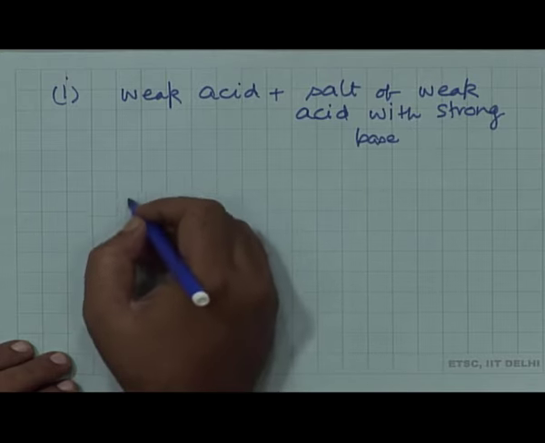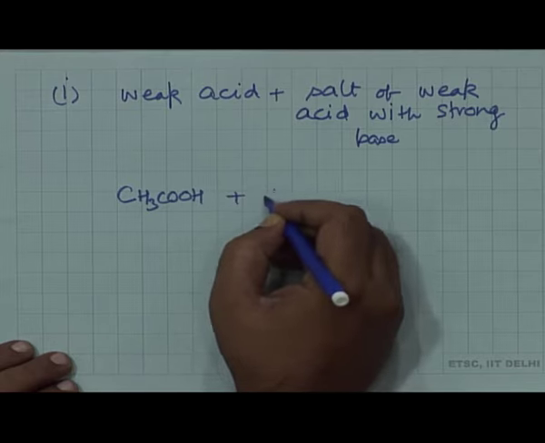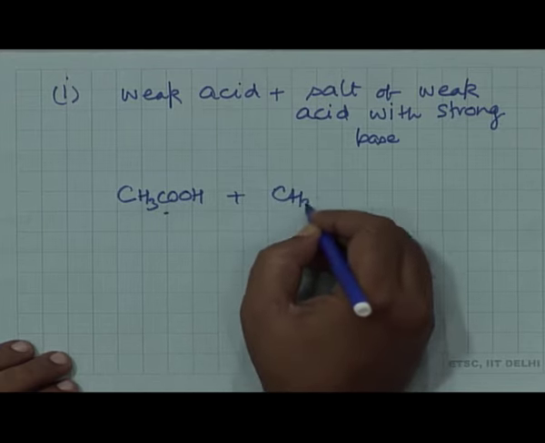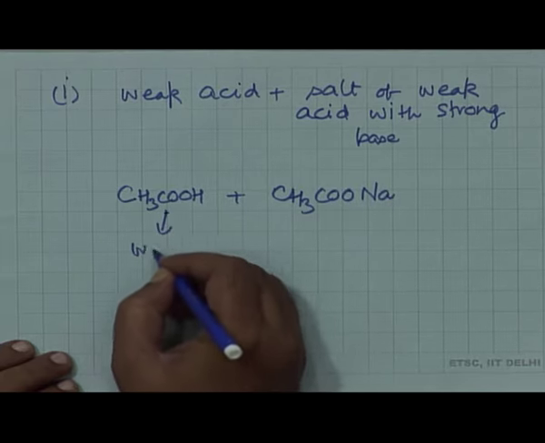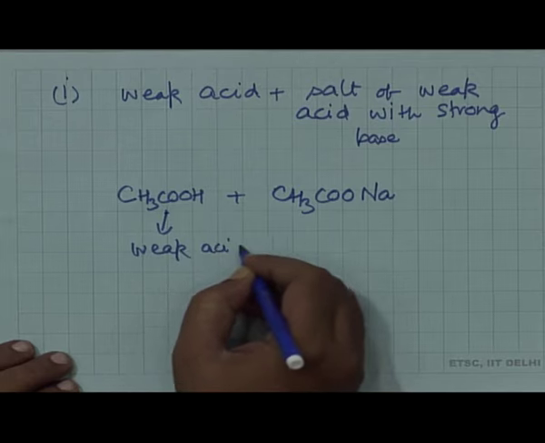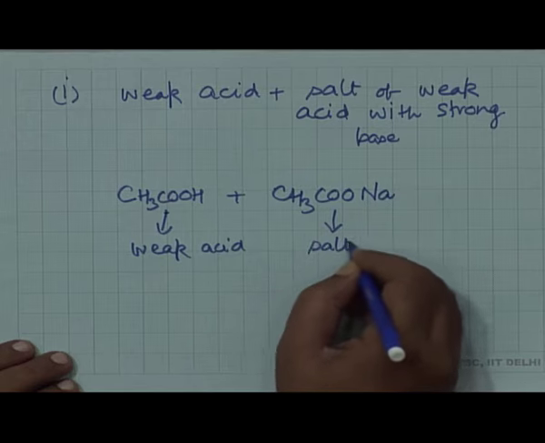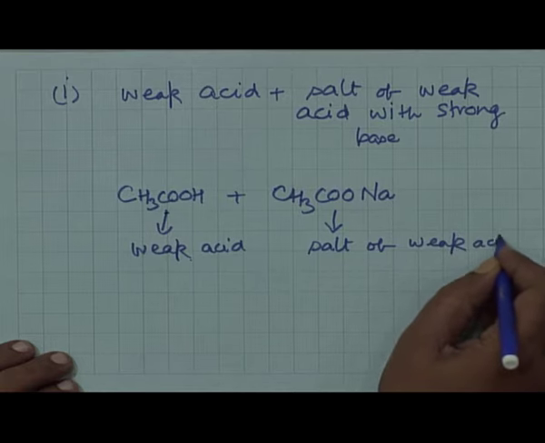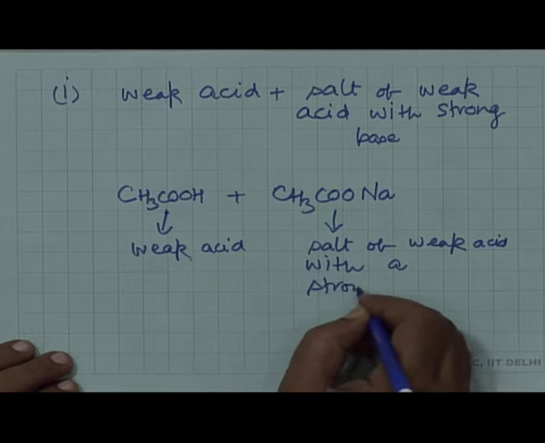So, for example, acetic acid with its salt with a strong base. Its salt with a strong base can be CH3COONa. So, this is the weak acid, and this is the salt of the same weak acid with a strong base.